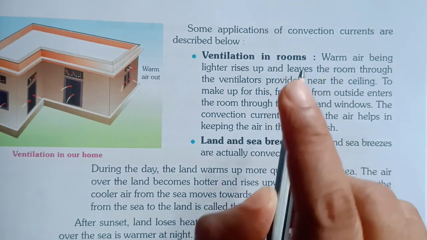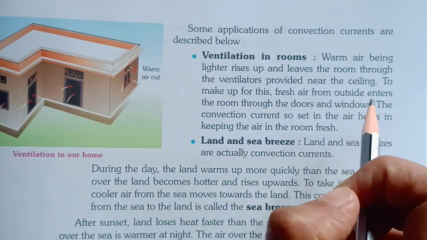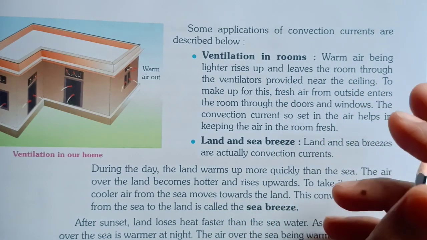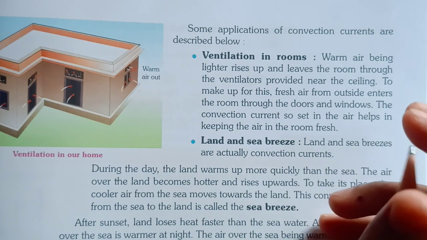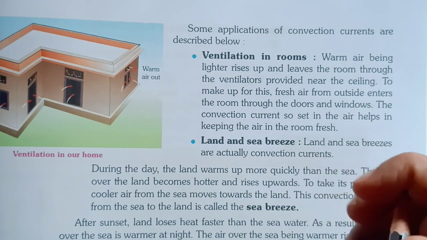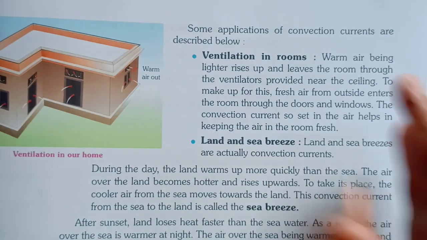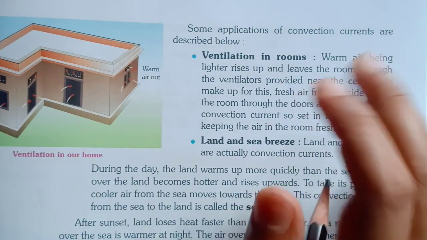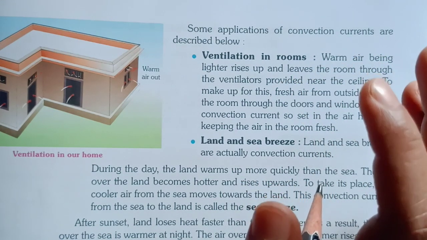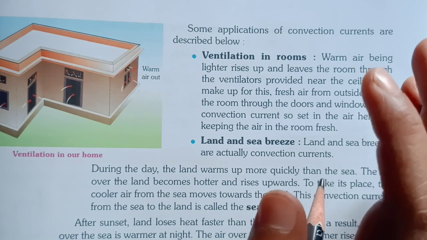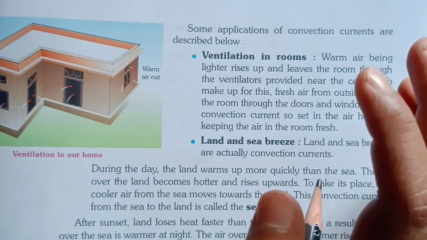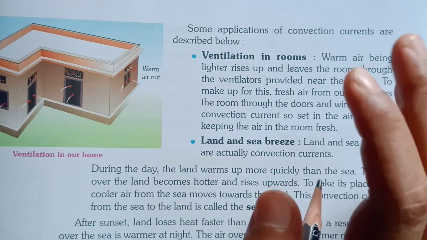That's why ventilators in rooms are very important, because during summer when the room gets heated up, the air that is present near the floor will get heated up and rise up. So if the room is closed, definitely the air at the top of the room or near the roof will come down.